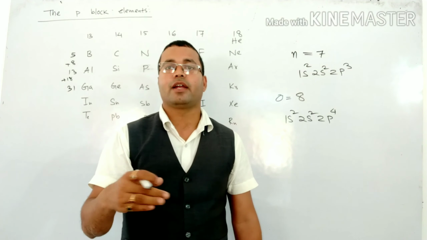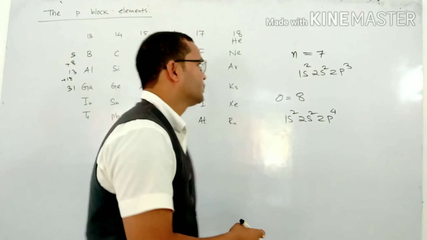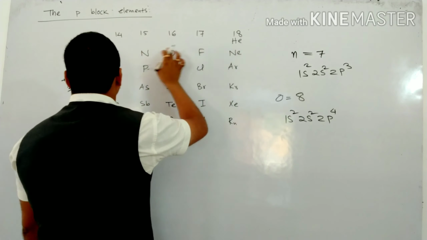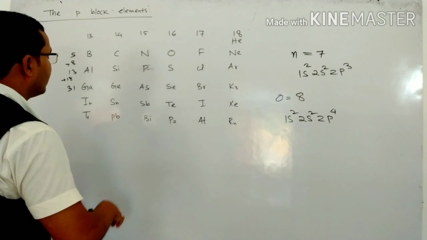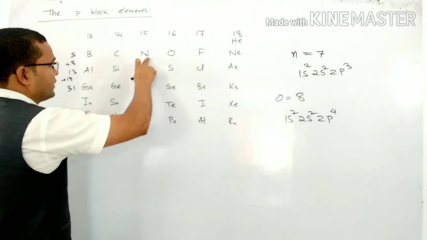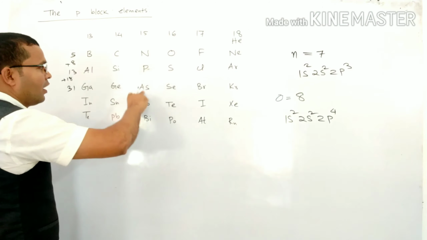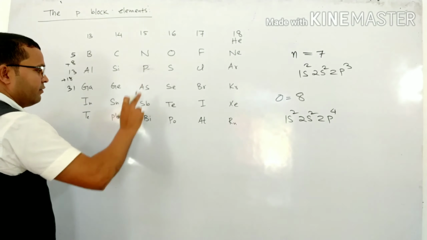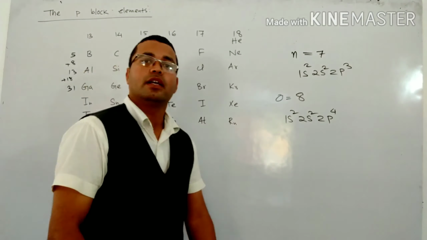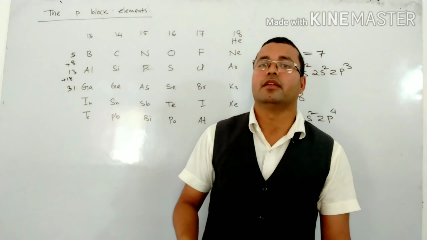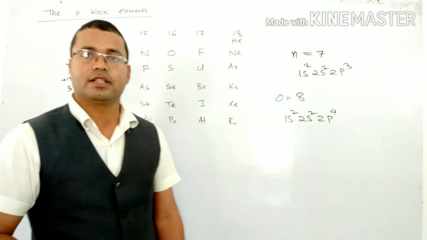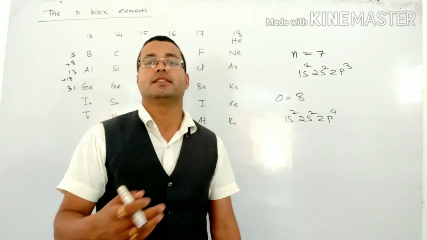That's why atomic size decreases from left to right. So in this case, from boron to neon it gets smaller, and boron is the largest. But going down any group, due to the increase of shells, for example, nitrogen 2 shells, phosphorus 3, arsenic 4, antimony 5, bismuth 6, atomic size increases due to the addition of what? Addition of shells. So left to right, atomic size decreases, and going down the group, atomic size increases.